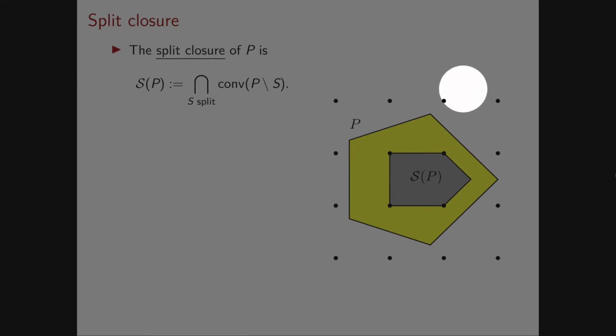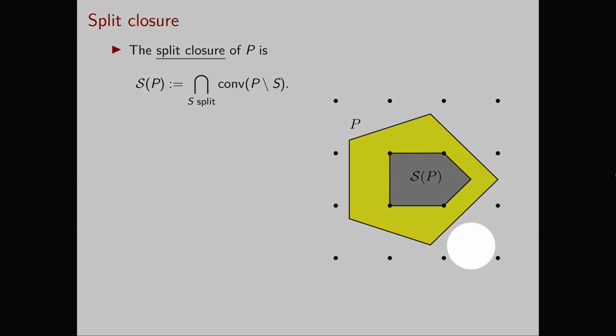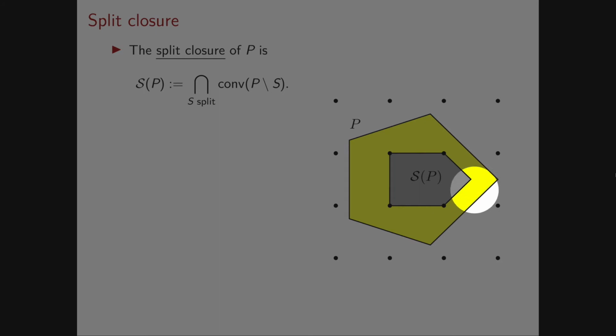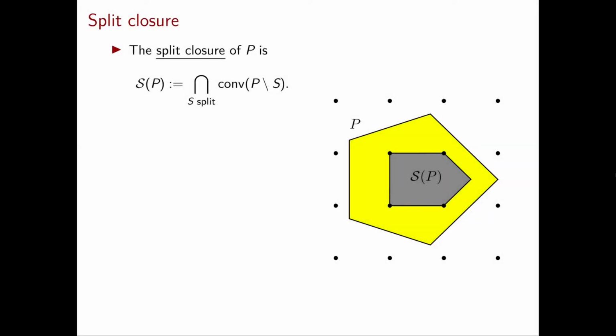Well, the fact is that this is not true, because if you take this vertical split, you still have to look at the convex hull of everything in P which is on the left, and everything in P on the right. And note that on the right here, I have 1 point in P. Therefore, by using this vertical split, I will not be able to obtain any split cut that is not already valid for the original polyhedron P.